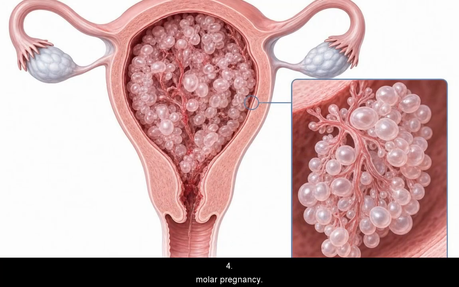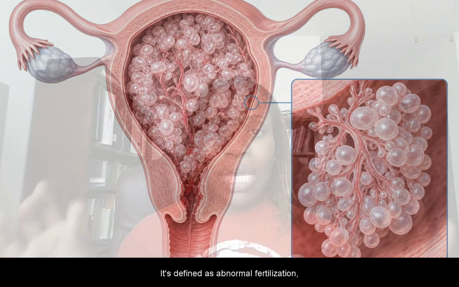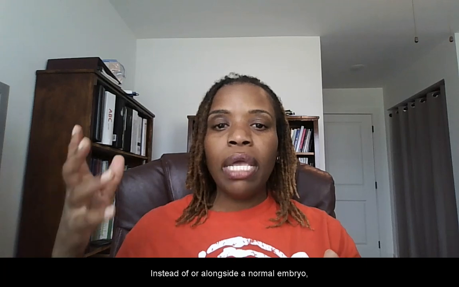Four. Molar pregnancy. This is another blastocyst stage failure, but this time instead of nothing developing, the placental tissue itself grows abnormally. Okay, it's defined as abnormal fertilization, which creates abnormal placental tissue, also called trophoblastic tissue, instead of or alongside a normal embryo.